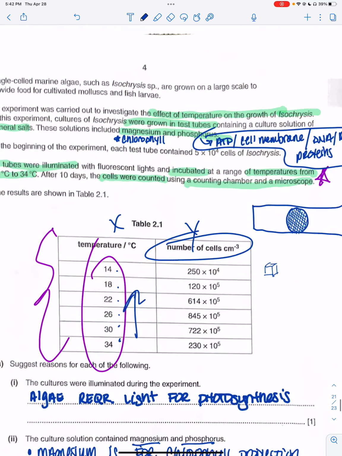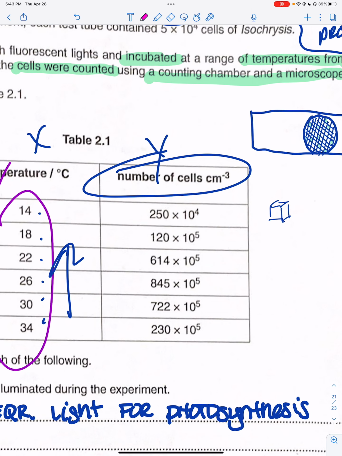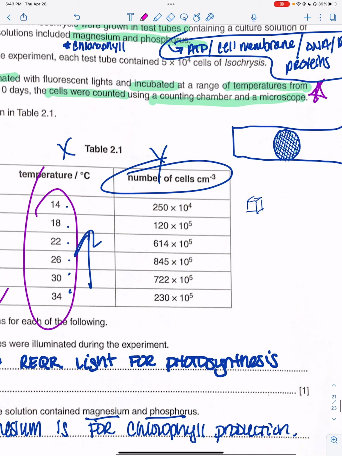Watch this number. Okay, you have 250 times 10 to the fourth. And if you're thinking, yeah, well, that's what you should be looking at. But if you're thinking 250, then 120, you're like, why did it go down? It didn't.